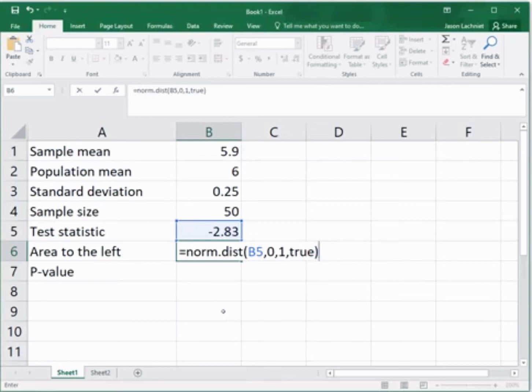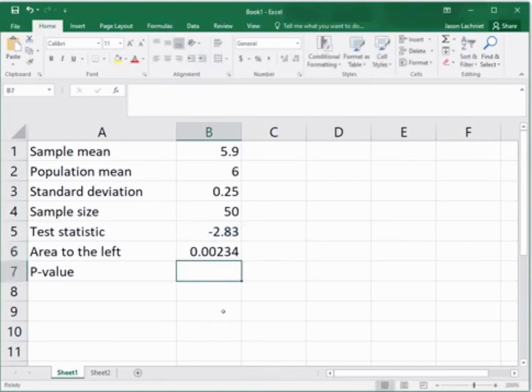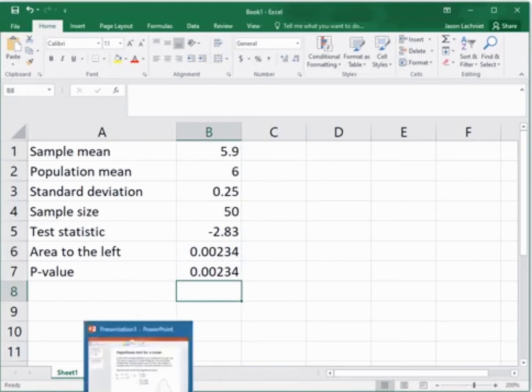So it's the norm.dist, and then the arguments are just the test statistic, comma 0, comma 1, comma true. And I can do that anytime I'm taking a z-score test statistic and trying to calculate that corresponding percentile. And I get 0.00234. Now, because this is a left-tailed test, that number right there, 0.00234, that really is my p-value. And so those calculations are going to give us everything we need to conclude the problem.